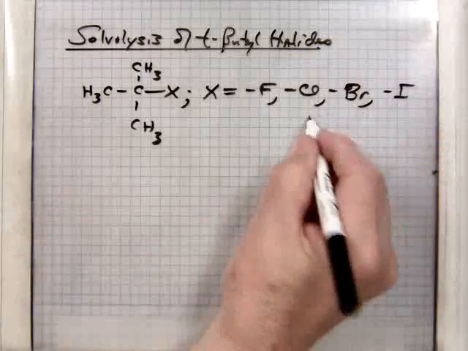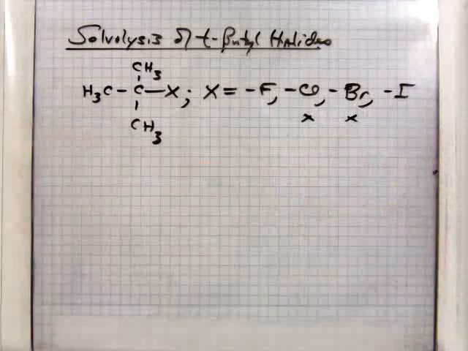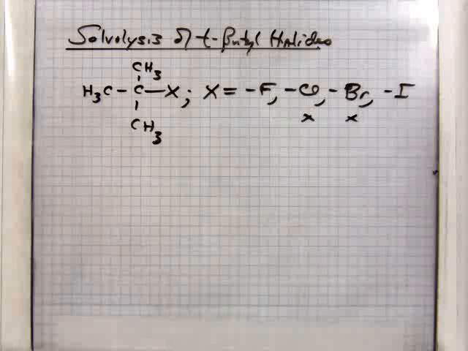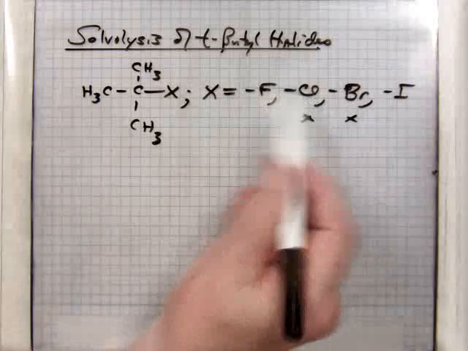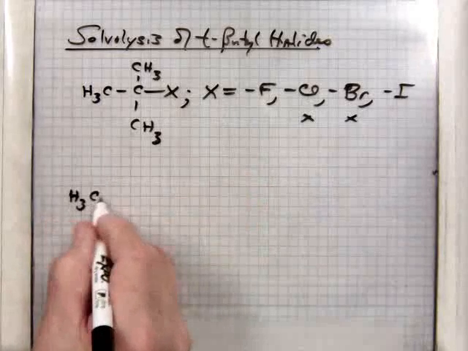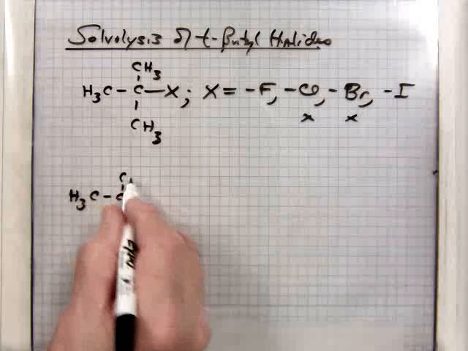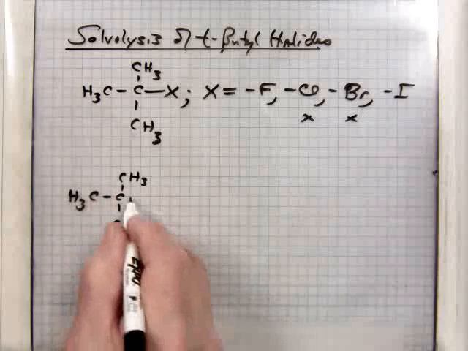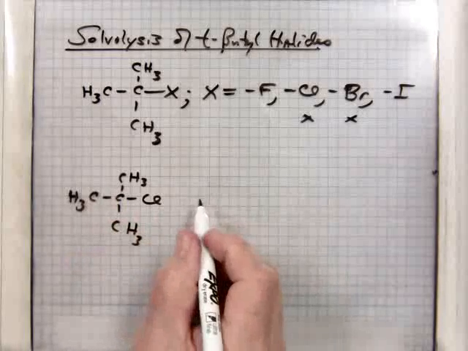Now, we have some chloride and bromide in our collection over here, and that's the ones you'll work with. But if I take, say, the chloride and put it where the X is, I will have a structure that looks like this. Okay?